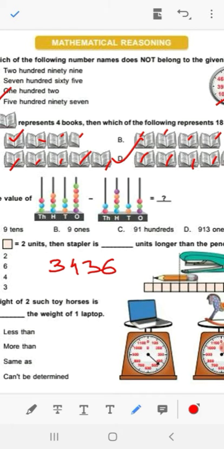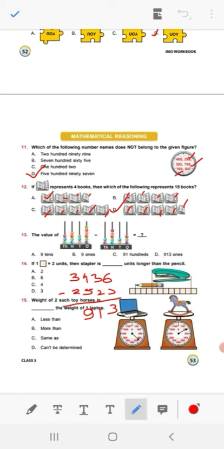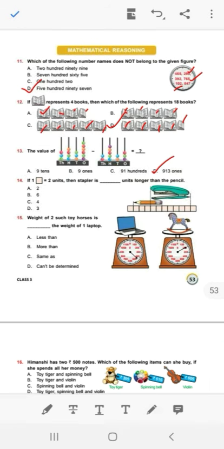Second one representing 2523. We have to subtract. Let us subtract. This becomes 913. So which option is here? 9 hundreds, 1 ten, 3 ones, 913 ones. Option D, 913 ones. This is the correct one.